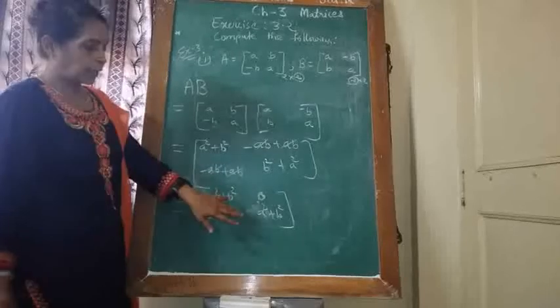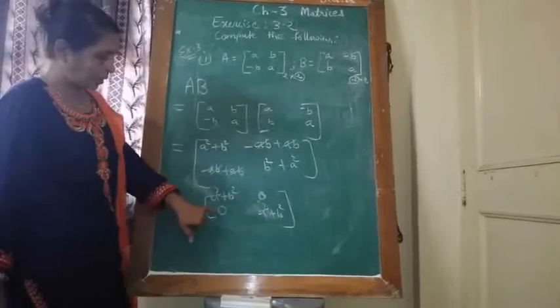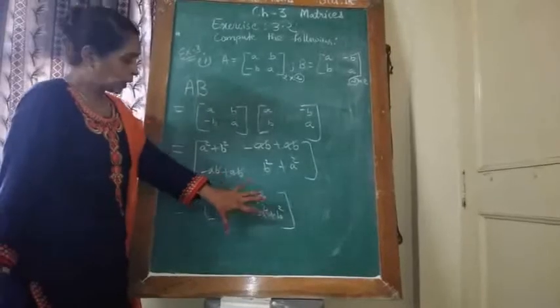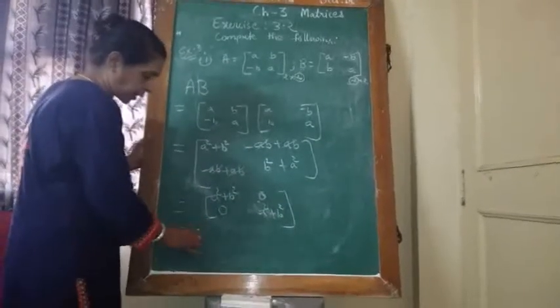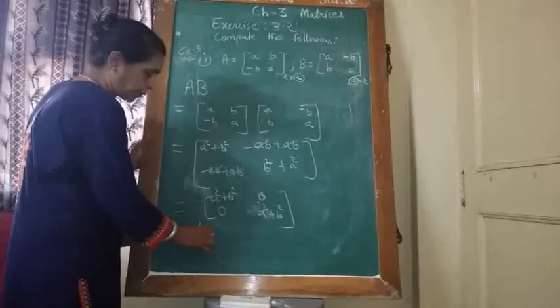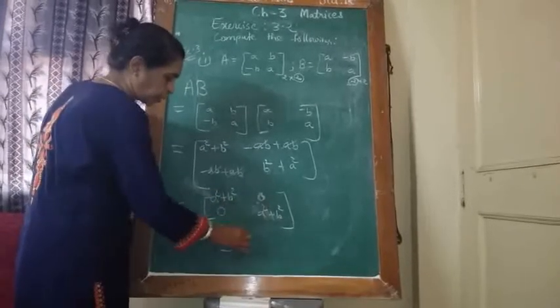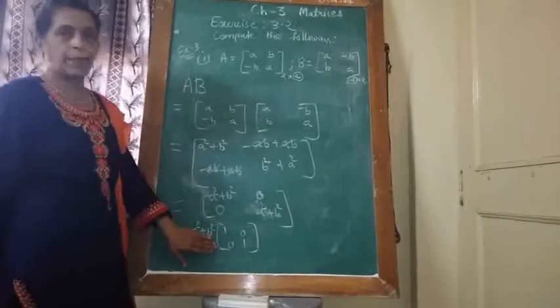And some students again take out A square plus B square common, because here 0 into A square plus B square, you may write like this. This is also an answer. And if you simplify further, then you may write here 1 0 0 1, identity matrix.